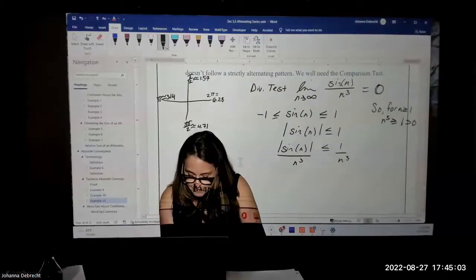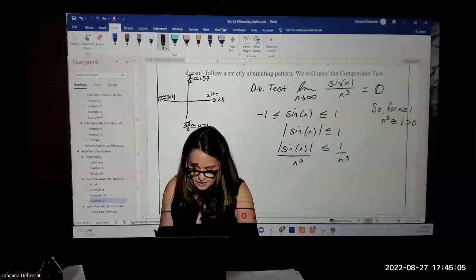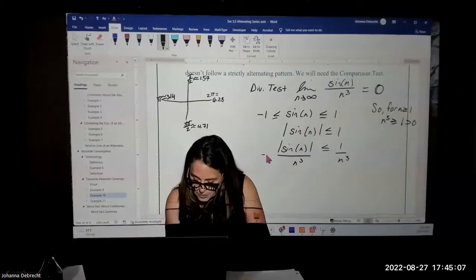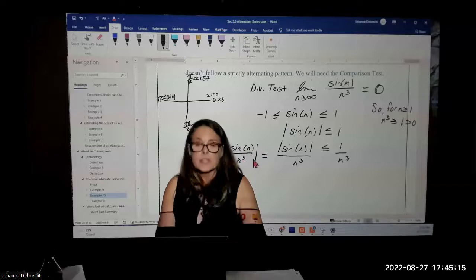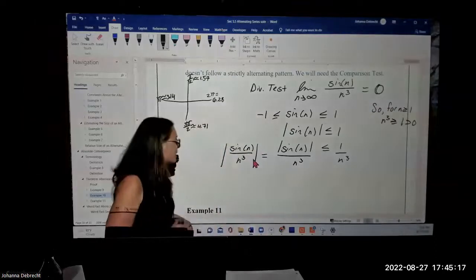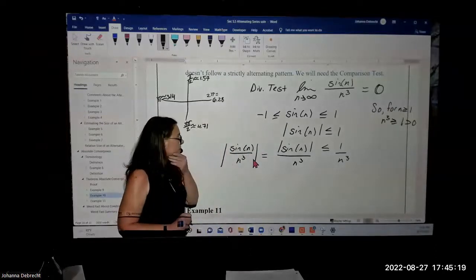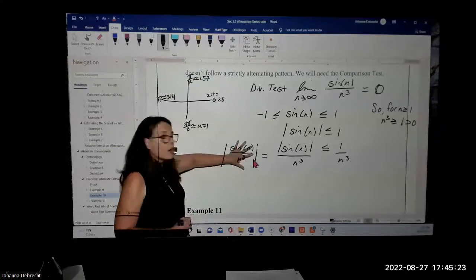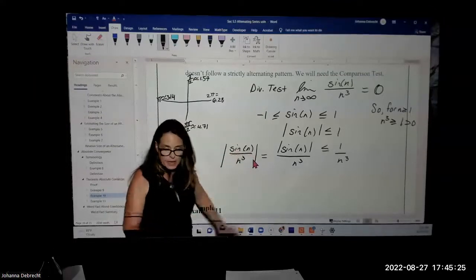So I know that in fact, and I'm going to need probably a little more room, this must be the same thing as the sine of n over n cubed. Since n cubed is positive anyway, I could put it underneath or inside the absolute value. Well, then I have my unknown series. This is my unknown.